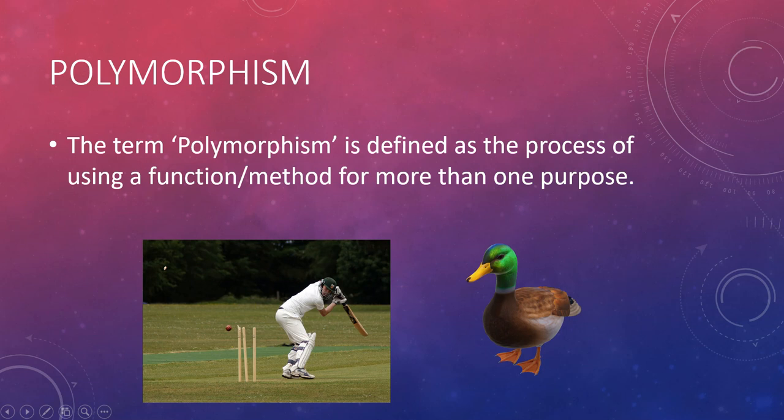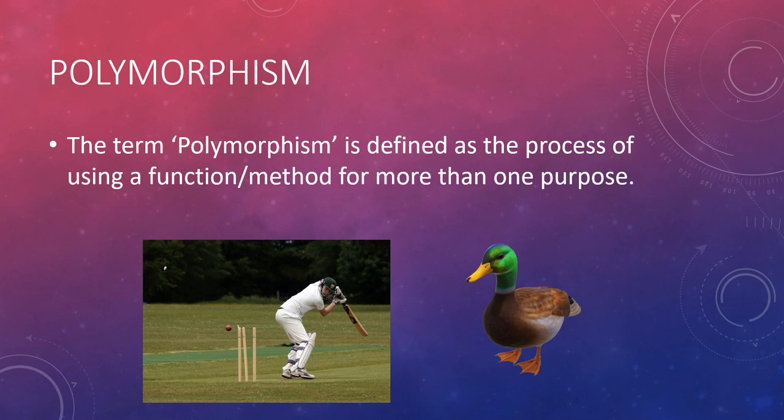Next we are going to see the term polymorphism, which is defined as the process of using a function or method for more than one purpose. Let us take an example of the English word duck, which resembles a bird with short legs, webbed feet, and a broad bill.